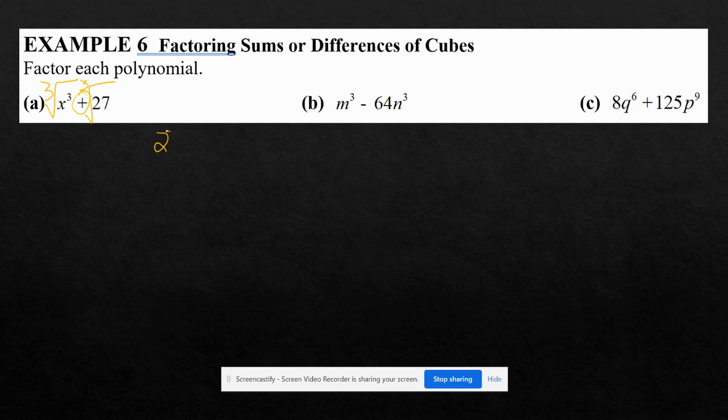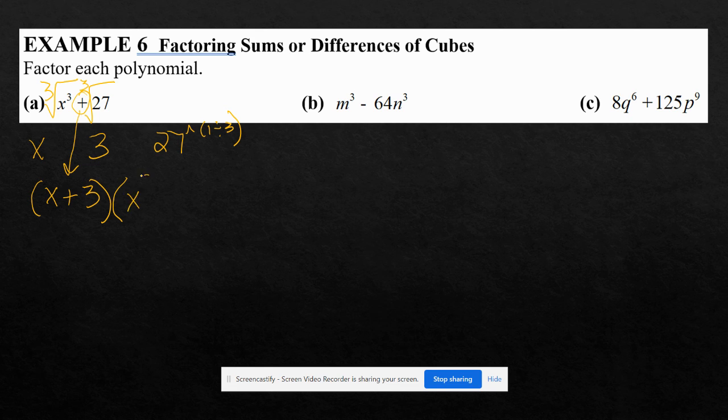Now in your calculator, you can find the cube root by doing 27 to the 1/3 power if you weren't sure what the cube root of 27 was. And the cube root of x to the 3rd is x. So we have x, and we have 3. So plugging it into our formula, we have x plus 3, and again, we're using sum of cubes because the plus is given to us.